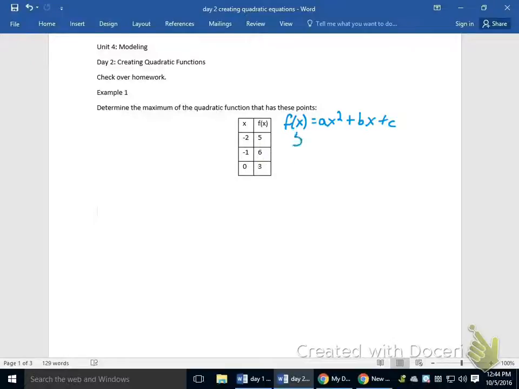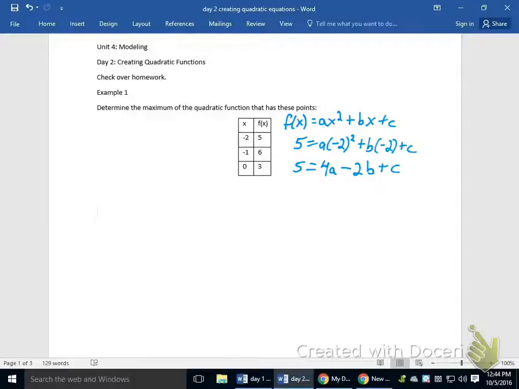I'm going to put 5 in for f of x: a times negative 2 squared for x plus b times negative 2 plus c. That's going to be 5 equals 4a minus 2b plus c.